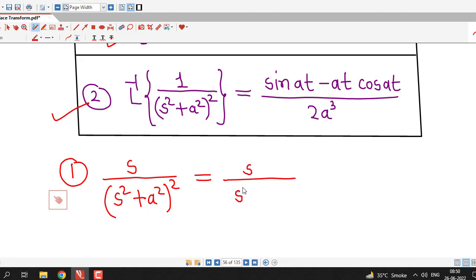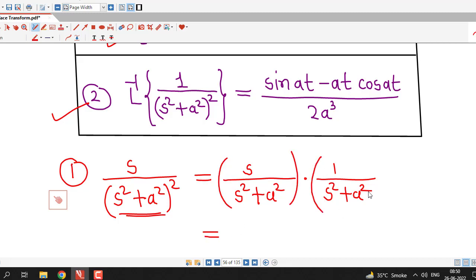So this I write as s divided by s square plus a square into 1 divided by s square plus a square. I split this square into s square plus a square into s square plus a square and I keep one s with s square plus a square and I write 1 upon s square plus a square in the product, and I will consider one function as capital F of s, another function as capital G of s.